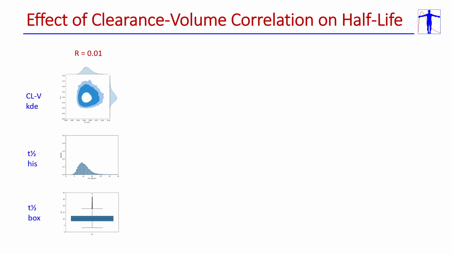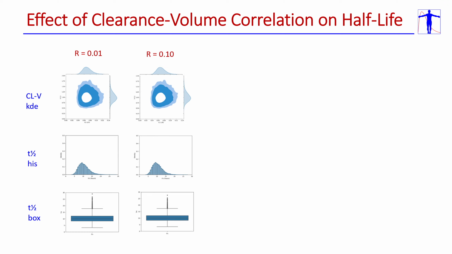The first correlation was 0.01, which is equivalent to no correlation at all. The joint distribution plot is not a perfect circle because volume and clearance were assumed to be log-normal distributed. Log-normal distributions are highly asymmetrical when the average value approaches 0.